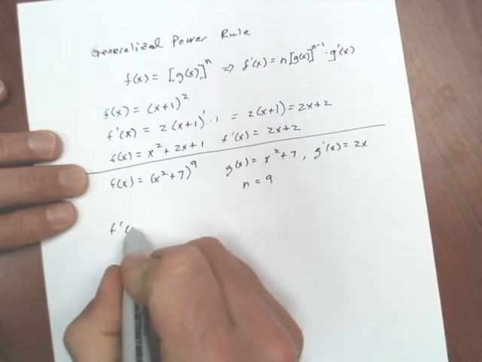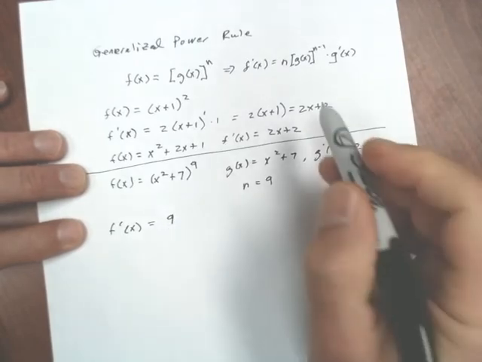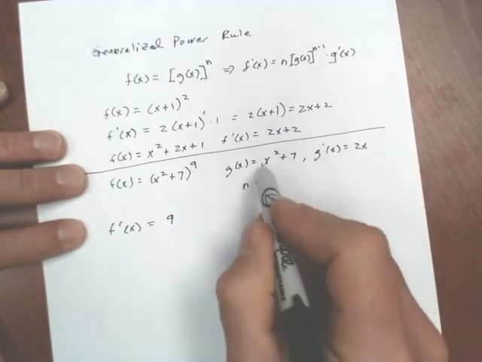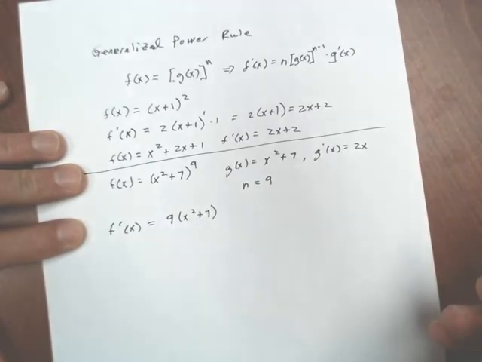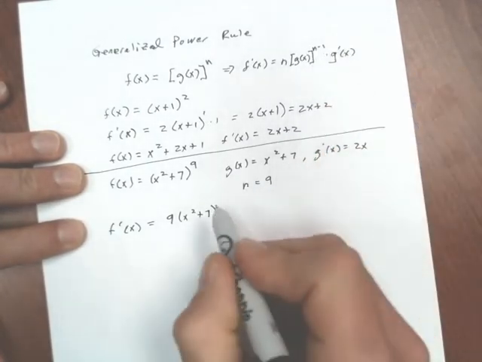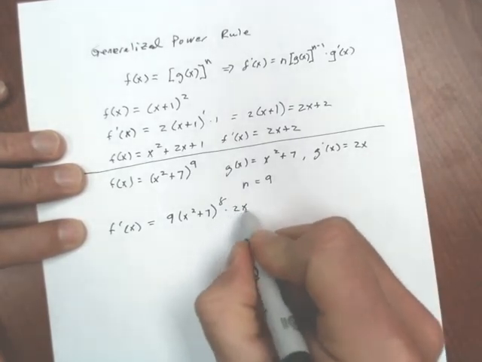So this implies that f prime of x equals 9 times g of x, which is x squared plus 7, to the 8th power, times g prime of x, which is 2x.